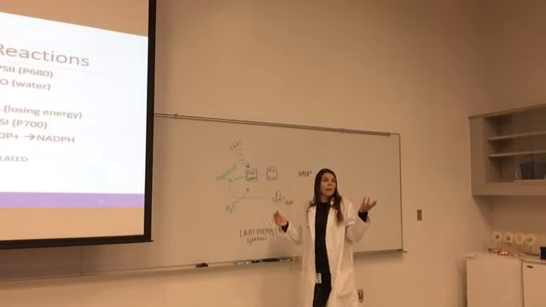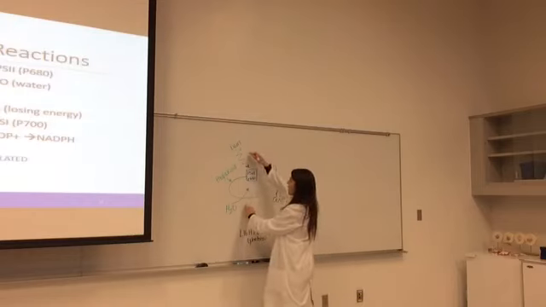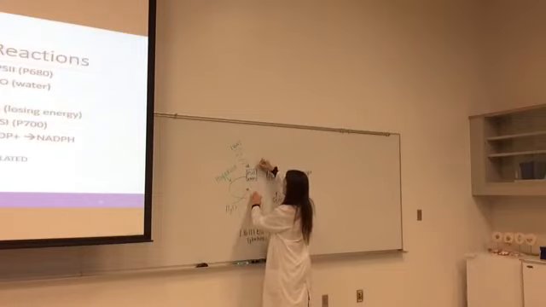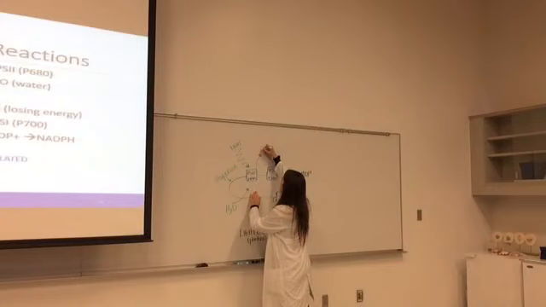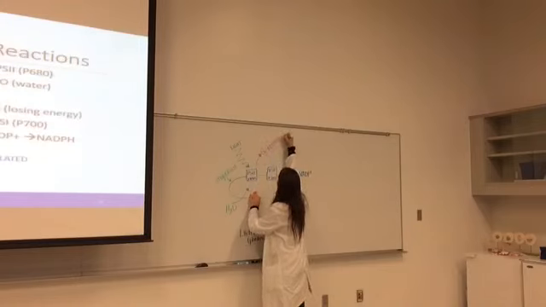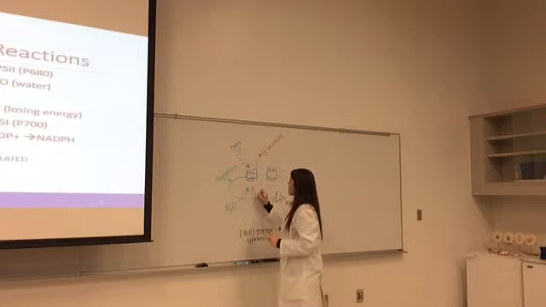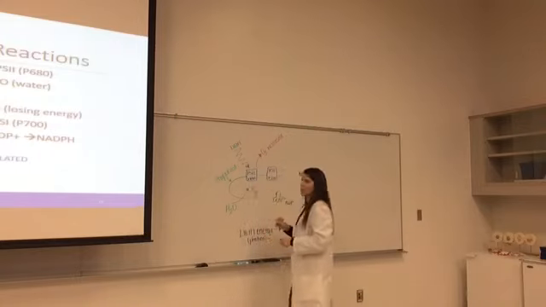It's a waste product. So at this point, what occurs is when that photon of light hits photosystem 2, the water molecule is split. The oxygen is released. And then I'm left with my hydrogens. Do you remember what these hydrogens represent?